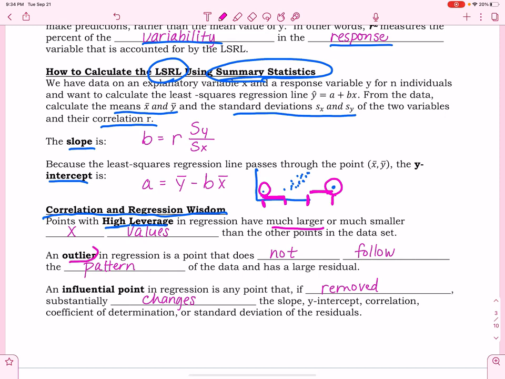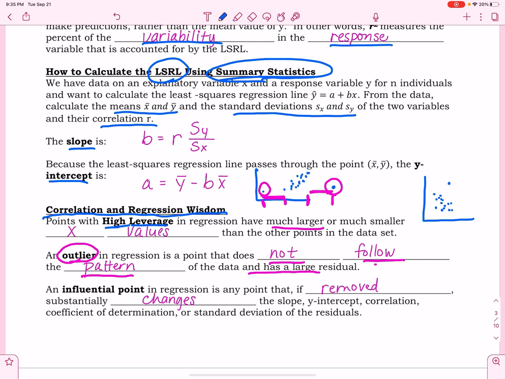Okay, let's talk about an outlier. An outlier is a point that does not follow the pattern of the data and has a large residual. Okay, an example of this, oh, my pen slipped. Sorry, kids. Okay, an example of a point that would be an outlier. Say I've got some points here. An outlier would be something outside the pattern, so it doesn't follow the pattern and it's got a large residual.